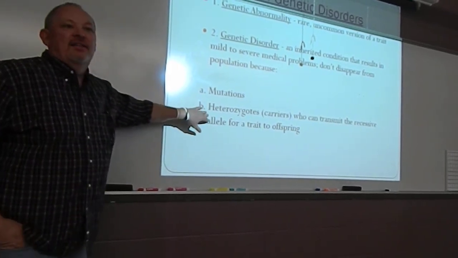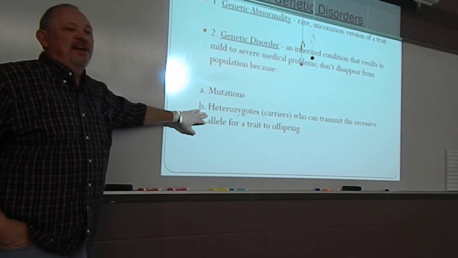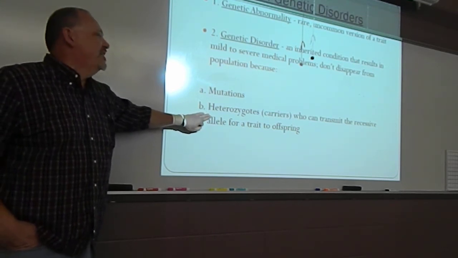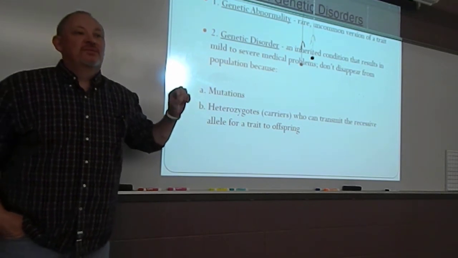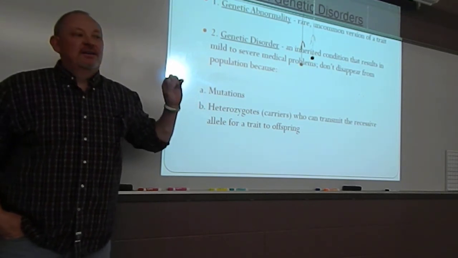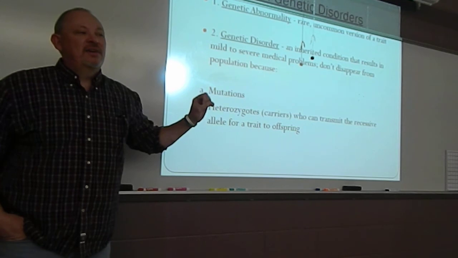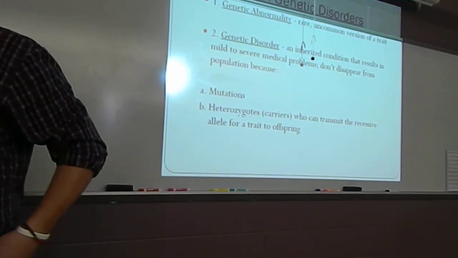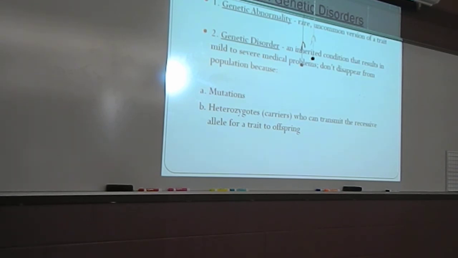And then within the population, you have heterozygous individuals. Those individuals carry that recessive or sometimes dominant allele with them, and they can pass that on to the next generation.